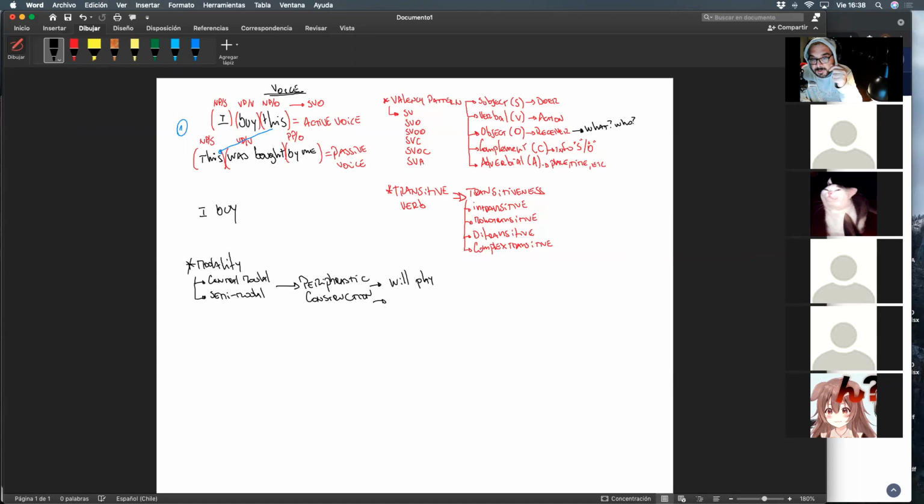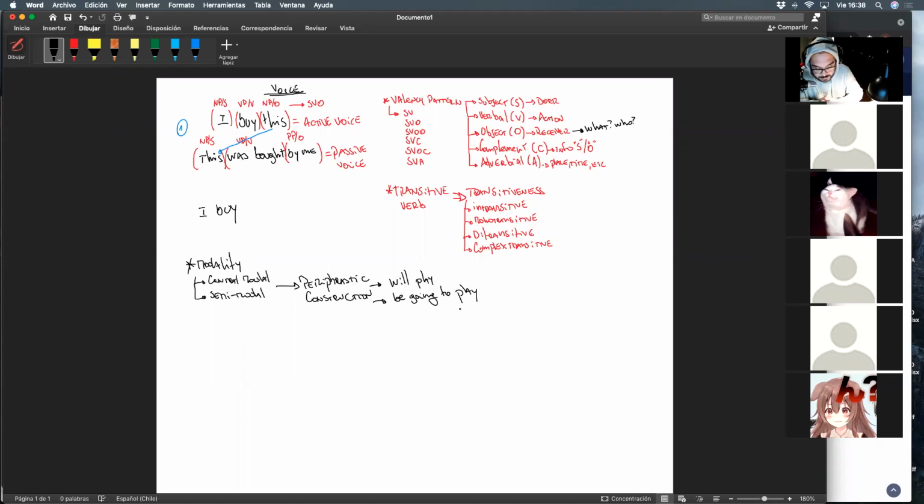The same happens with semi-modals. Like in be going to play. The semi-modal be going to is there just to produce the sense of future meaning on the main verb play. Therefore, both of them are called periphrastic constructions, right?